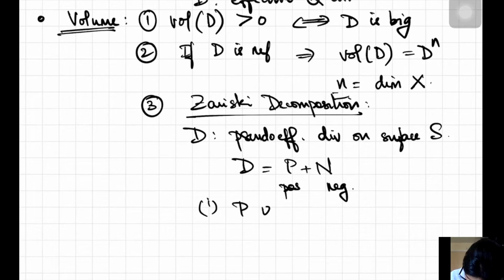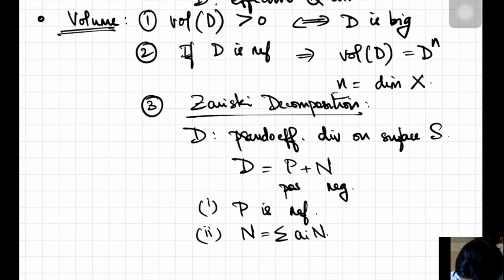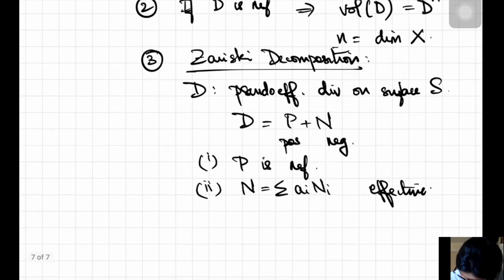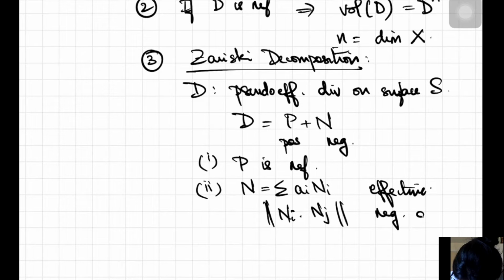So the positive part is nef, and the negative part is, say, a sum of certain curves, but it has to still be effective. And the intersection matrix of the negative part has to be negative definite.